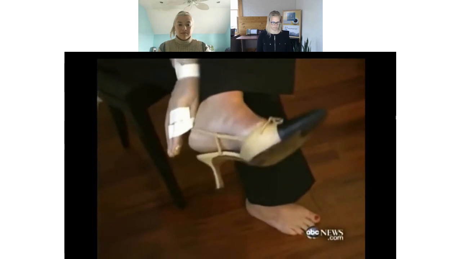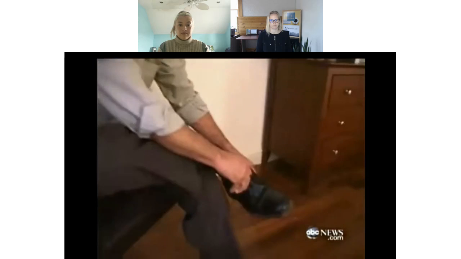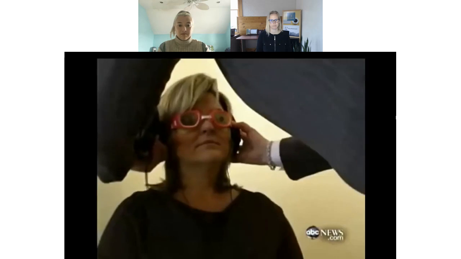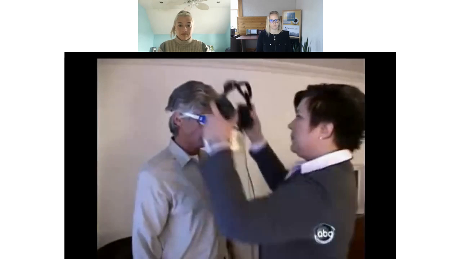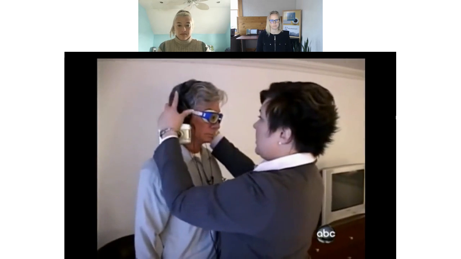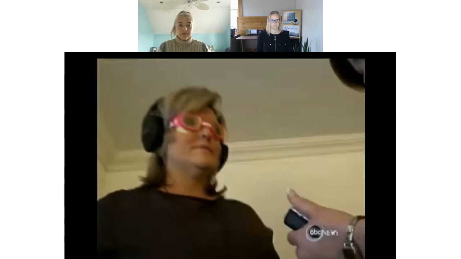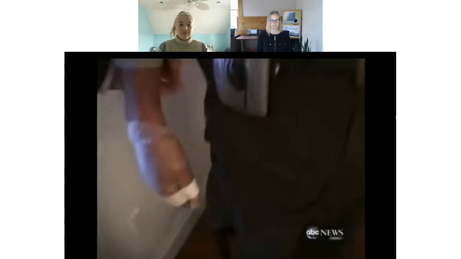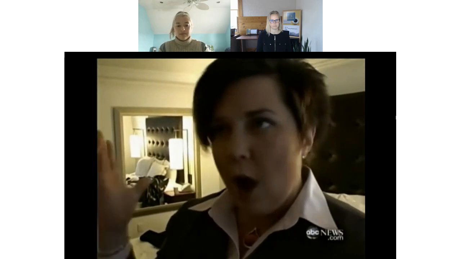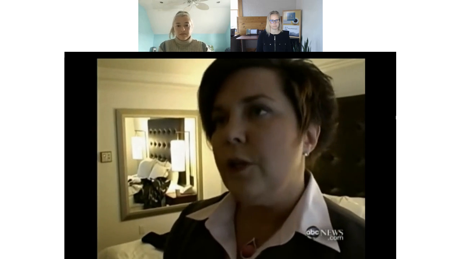Remove your shoes. A substance is placed inside our shoes to make it harder for us to walk. Oof, that is uncomfortable. And on our heads, they place earphones, which emit an incessant jabbering, a clamor of noise that some Alzheimer's patients say is constant. Individuals with dementia say, we're hearing all this stuff and they can't turn it off.